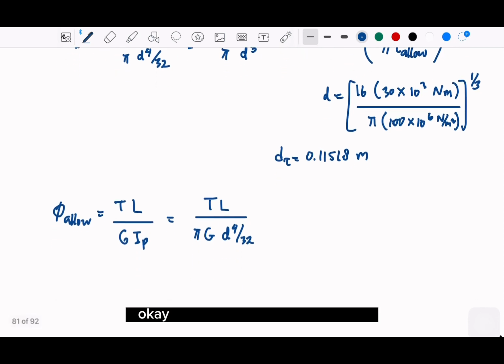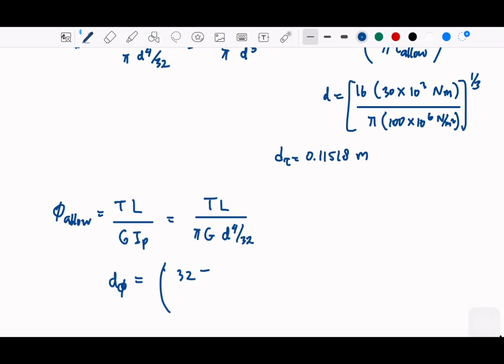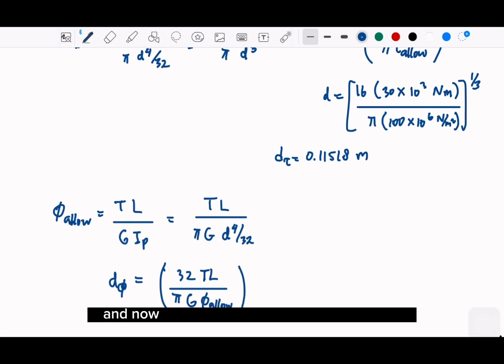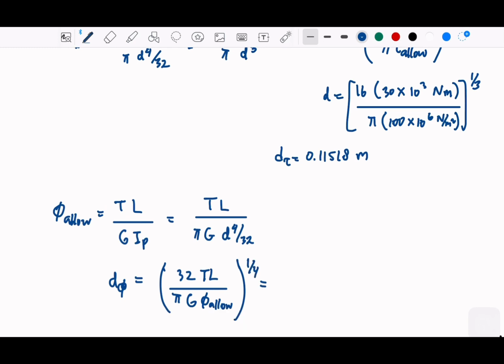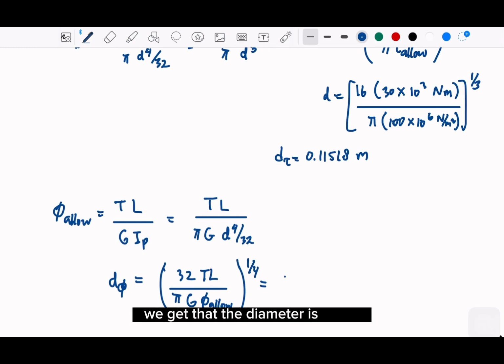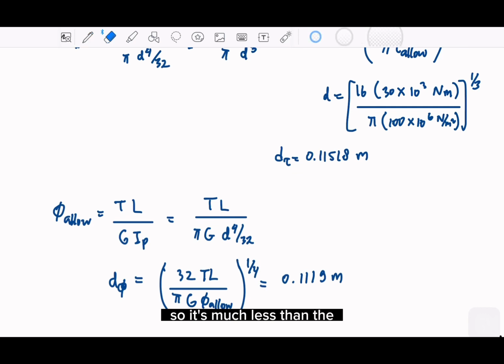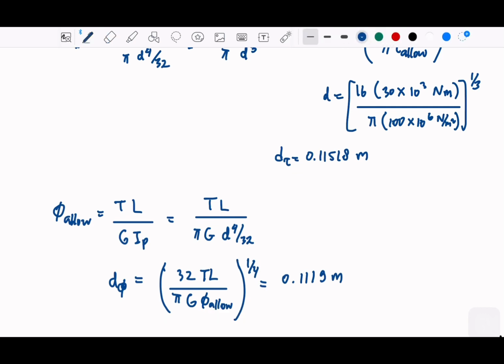Okay, so d angle is going to be 32. And now we are taking from the twist angle. So if we input the numbers, we get that the diameter is 0.1119. So it's much less than the other diameter.